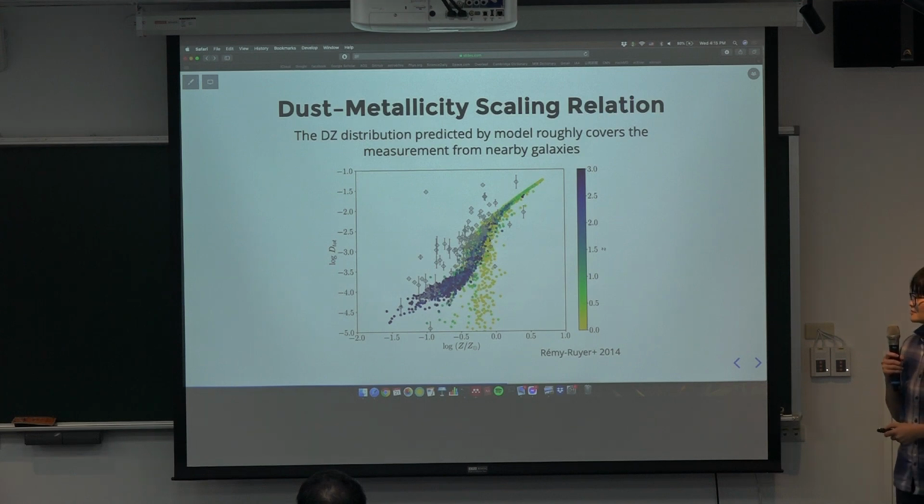As you can see, our model roughly covers this range that is consistent with the observation. And as you may notice, there are some galaxies in this region that seem not consistent with the observation, but they are only a minor fraction of the overall population. So in our analysis, we just neglect them. Overall, it is consistent with observation. That is the most important thing.